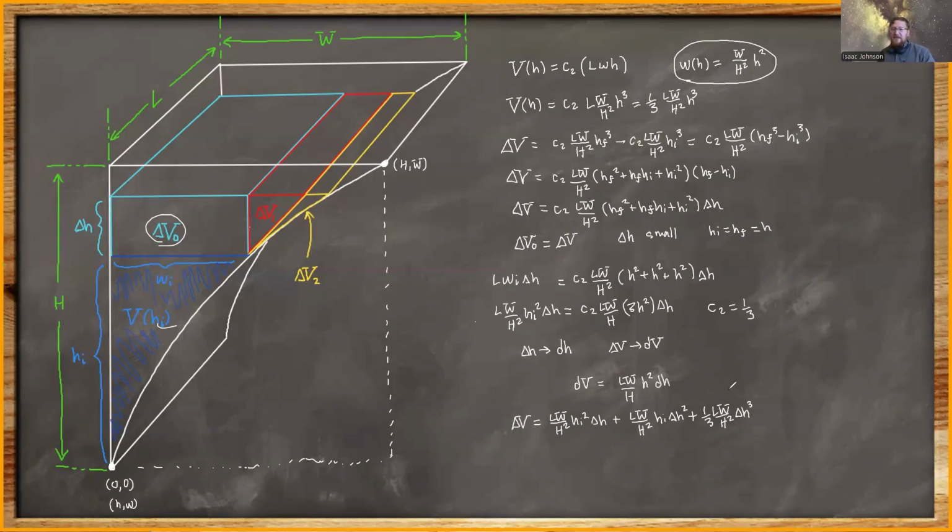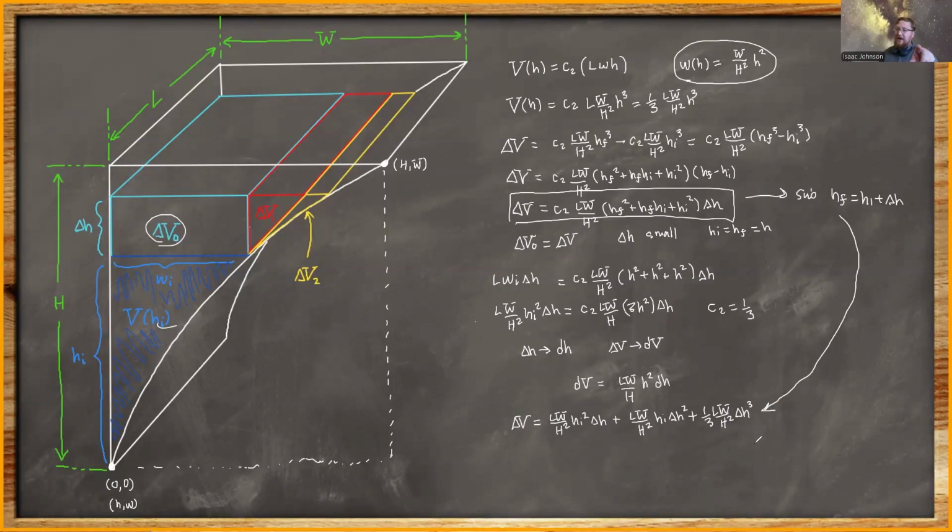Now, if this helps, Nick, I was kind of shortcutting a little bit here, but if you come up to this spot right here, and you do the substitution of H final equals H initial plus delta H, and you do a bunch of algebra, the algebra will actually decompose it for you. So it's really neat. We were able to do it geometrically, but the algebra also knew how to categorize these things into rectangular bit of increase, triangular bit of increase was delta H squared, and the quadratic bit of increase was delta H cubed.